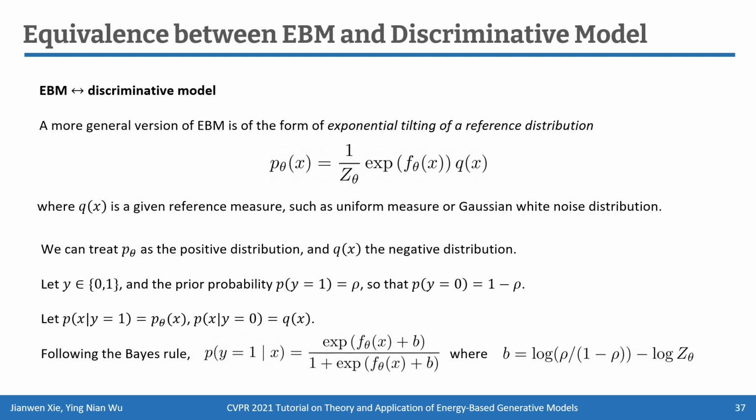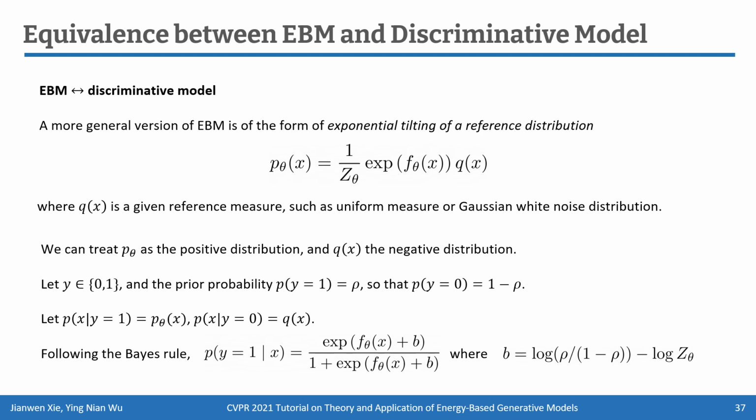We may call P of x the energy-based correction of the base model Q of x. We want to show that this exponential tilting leads to a discriminative model. We can treat P of x as the positive distribution and Q of x the negative distribution. Let y be a binary variable which can take value 0 or 1, and y is the label of the distributions.